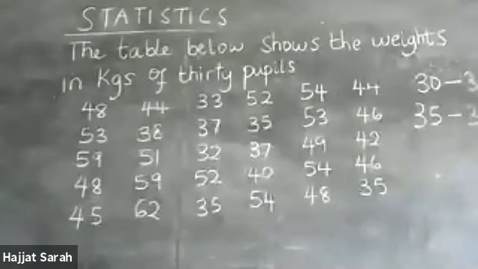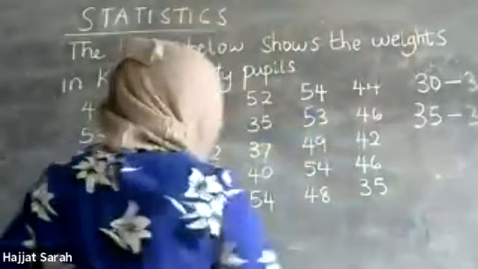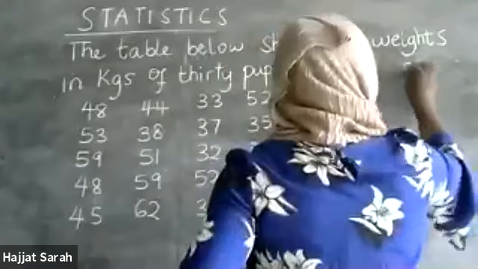The first one is 30 to 34, then 35 to 39. What would be the next class? 40 to 44. Very good.